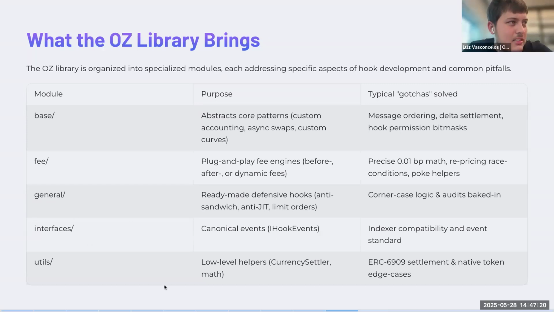And we have these interfaces. For now, the only interface we have is the IHookEvents. And why is that important? It was actually a request from the Uniswap Foundation, because it's very important to be able to track when fees are taken, revenue for hook developers.